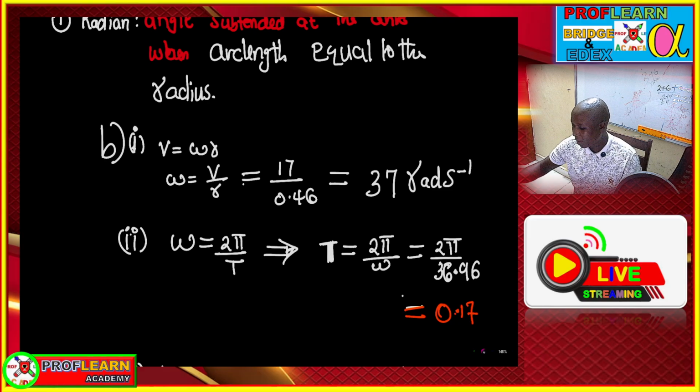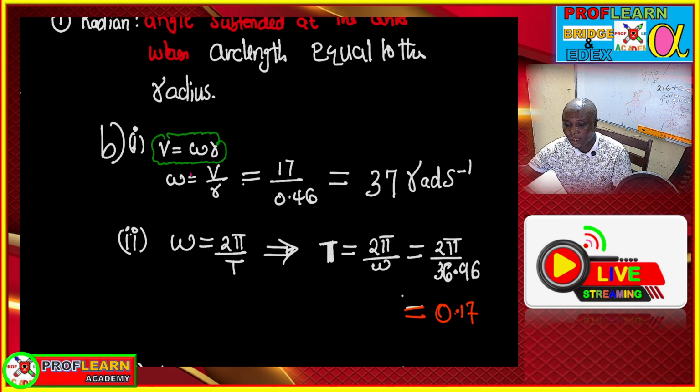For you to work out angular speed, you need to remember that linear speed v equals angular speed ω times the radius. If we make ω the subject of the formula, you are supposed to arrive at 37 radians per second.